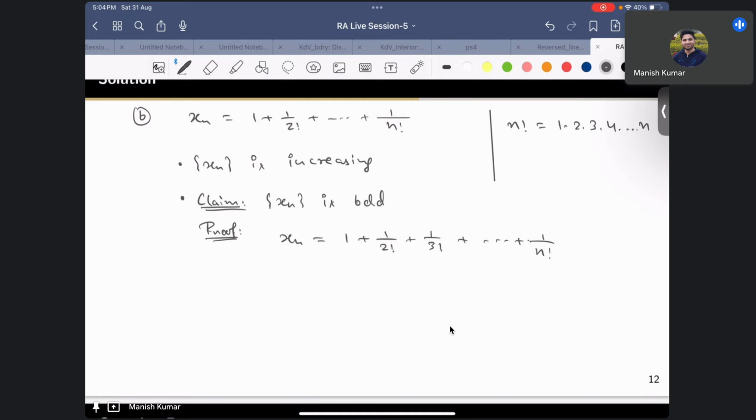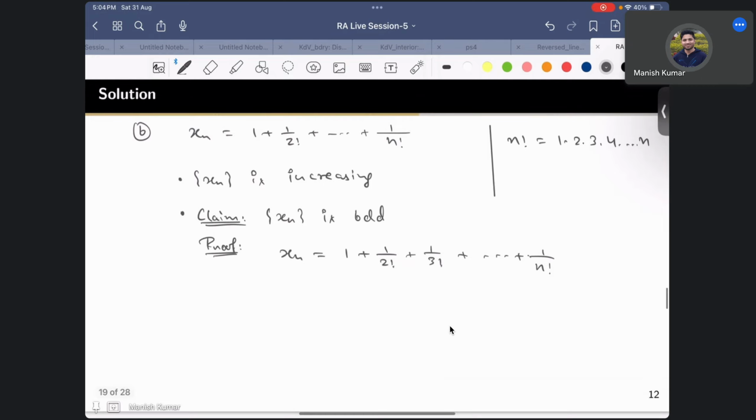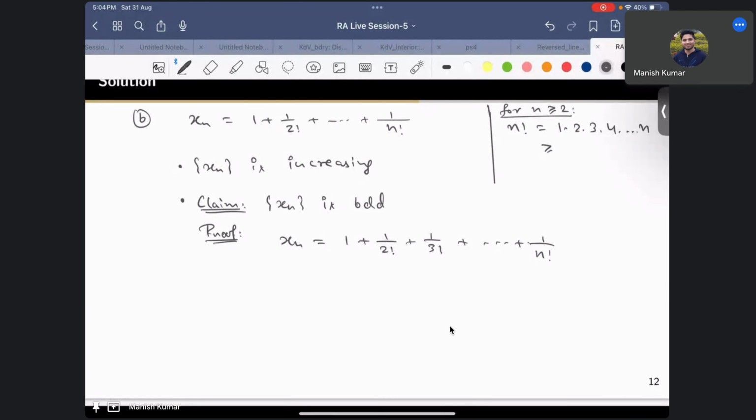I choose n greater than or equal to 2. So when n is greater than or equal to 2, I can write it as 1 times 2. Now this 3 is greater than 2, 4 is greater than 2, this n is greater than 2, right? Over here we have how many 2s? It is n minus 1, right?